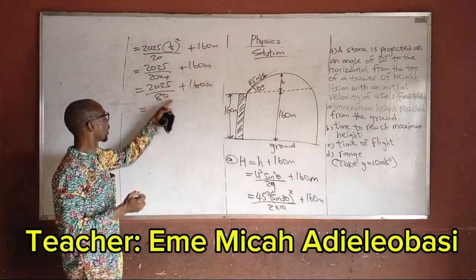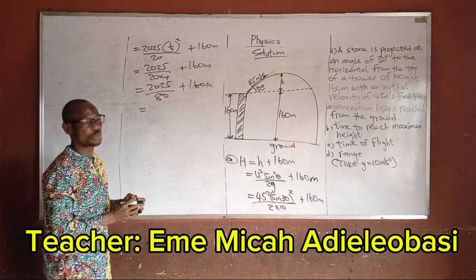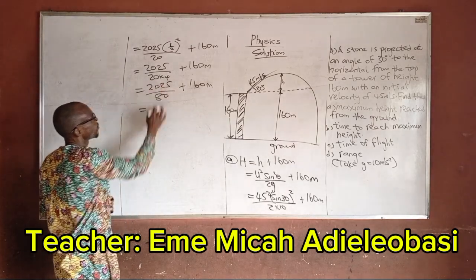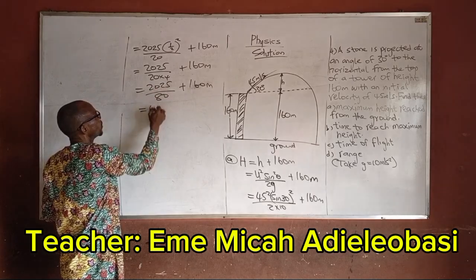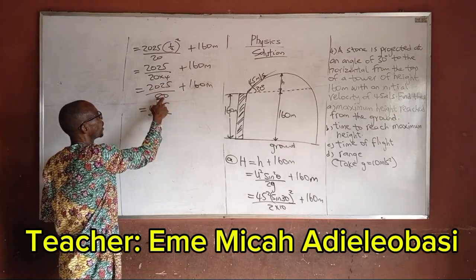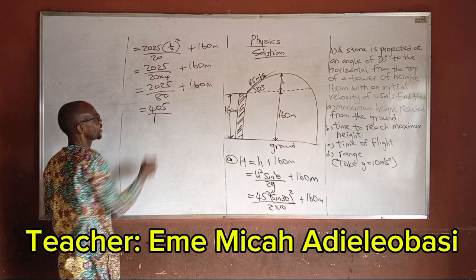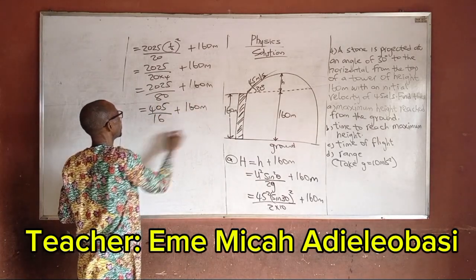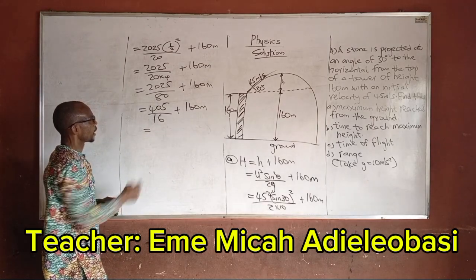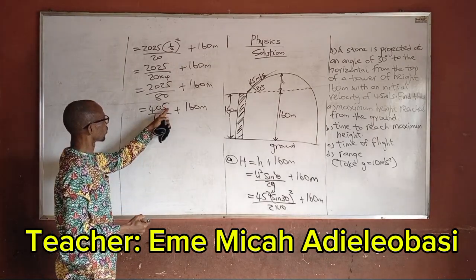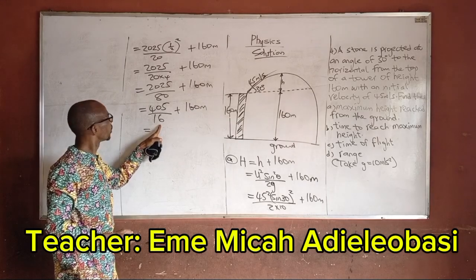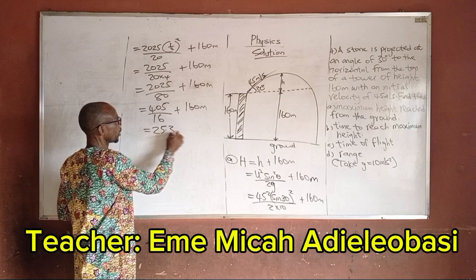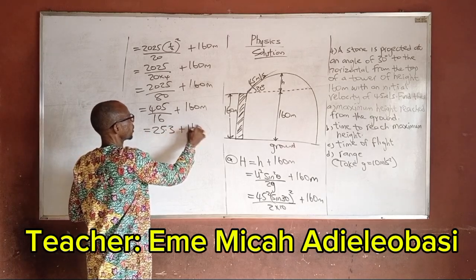First, let's reduce it by dividing by 5: we have 405 over 16, plus 160 meters. 405 divided by 16 is approximately 25.3, plus 160 meters.